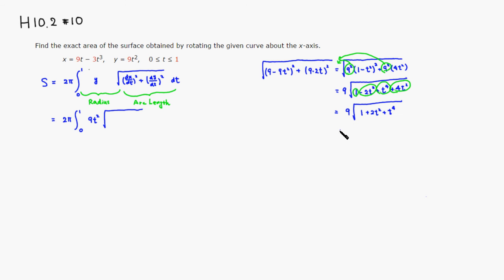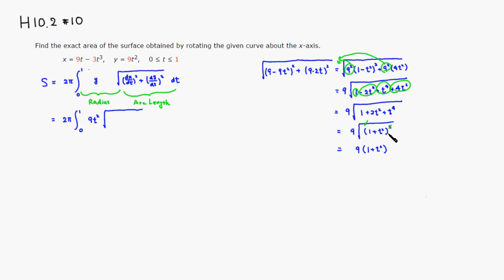Luckily, we can complete the square inside the square root. It's just going to be 1 plus t squared. Then we can cancel the square and square root, and you end up getting simply 9 times 1 plus t squared.